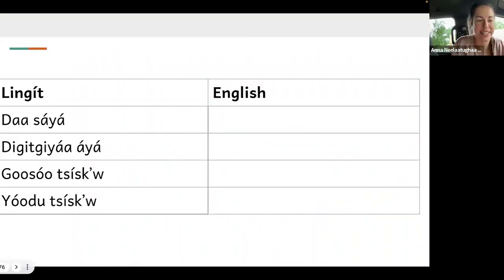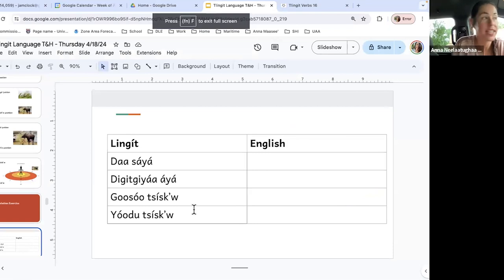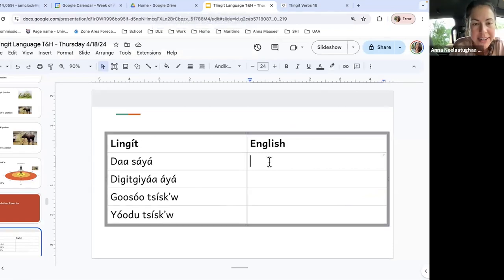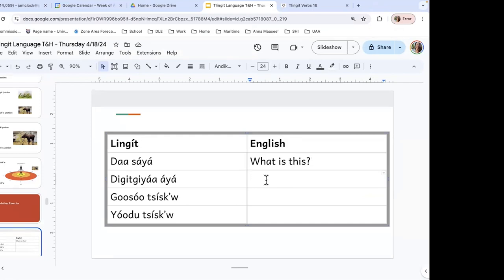Okay, let's do a translation exercise. And wasa tu wasak jaikachinach da saya. What is this? Good. And then what about digitkiya aya? A hummingbird. There.